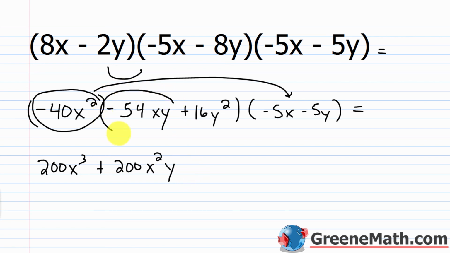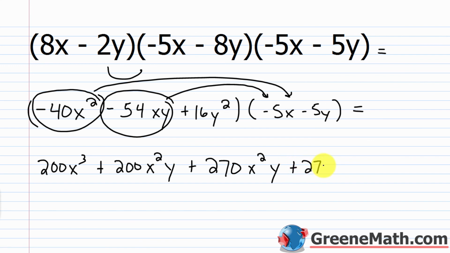Then we'll go here. So negative 54xy times negative 5x. That's going to be positive 270x squared y. Then negative 54xy times negative 5y. That's going to be, again, positive 270xy squared. Now I'm going to take this guy and multiply it by this polynomial.